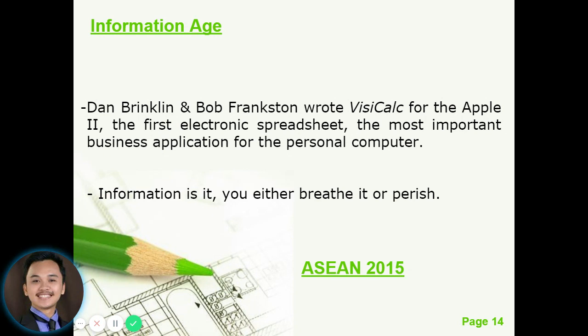There's an adage which says that information is it, you either breathe it or perish. In this era as well, ASEAN 2015 was introduced. In 2015, ASEAN integration was introduced, wherein CPAs from the member countries of ASEAN or the Association of Southeast Asian Nations can now practice accountancy in each other's countries.